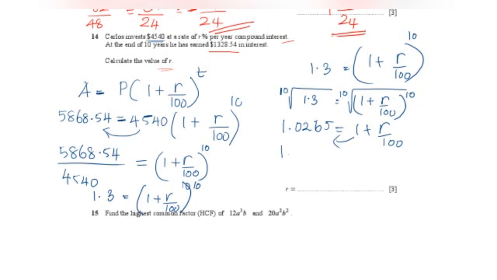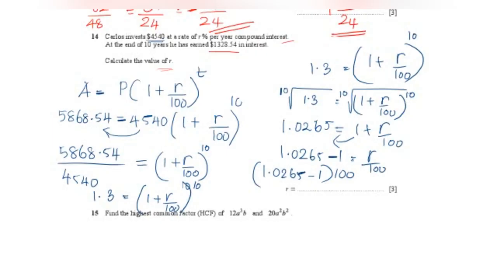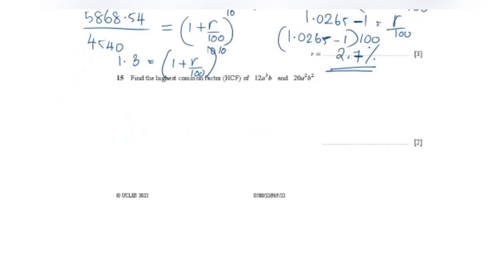Shifting this to this side, it becomes minus 1 equal to rate over 100. So R would be (1.0265 minus 1) the whole into 100. I am going to do all this calculation in the calculator. So the answer comes as 2.658 or 2.7%.